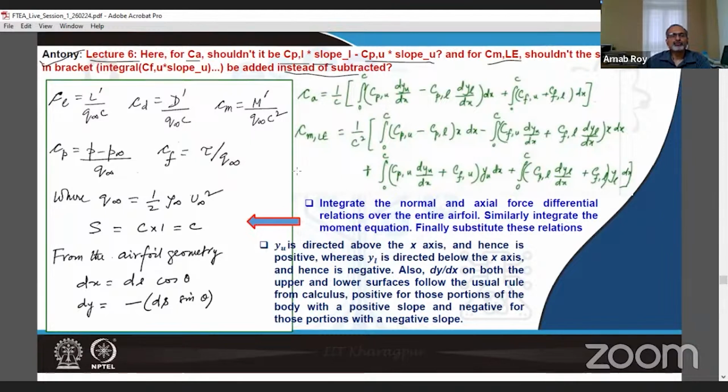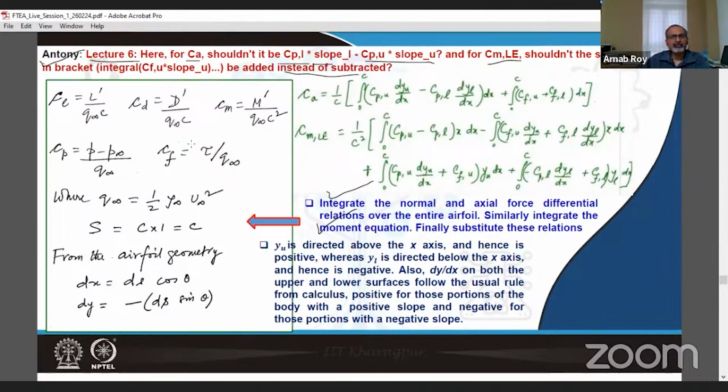What you need to do when you find time is try to integrate the normal and axial force differential relations over the entire airfoil. Similarly, integrate the momentum equation, which you can frame by taking moments of the forces about the leading edge.